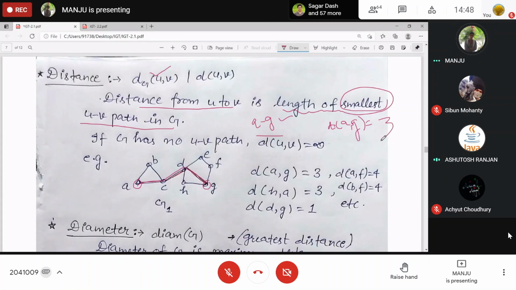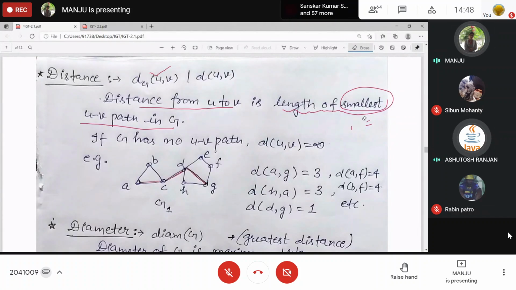Clear? Similarly, from A to B, 1. A to C, again 1. You have many paths, but the smallest one is 1.